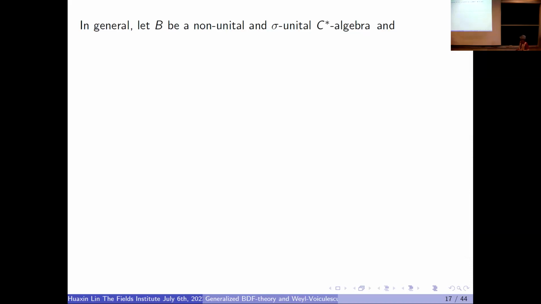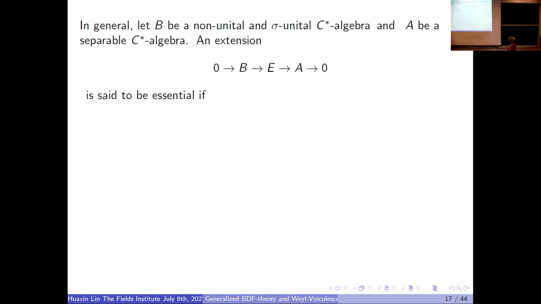But let me say, in general, let's say B is non-unital, but sigma-unital, and A is a separable C-star algebra. An extension is said to be essential, so let's ignore the one which is not essential, that is, nothing is orthogonal to the ideal.